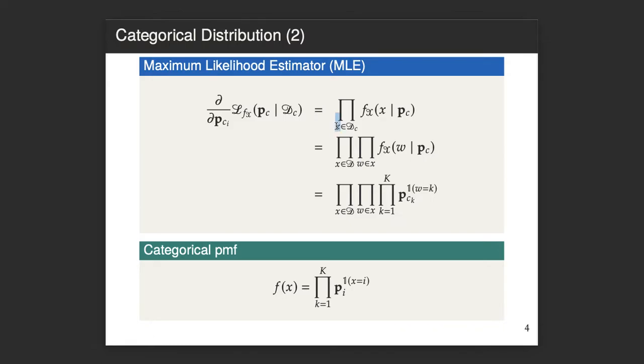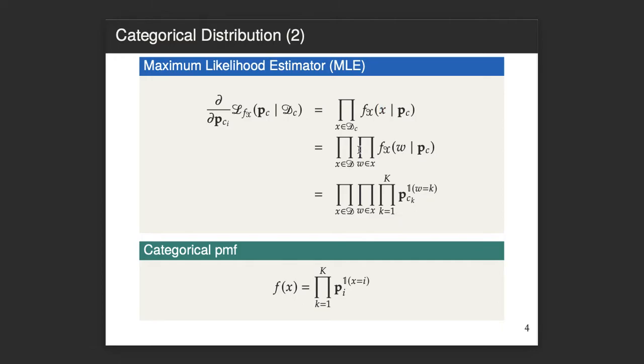Now, this x is a text, and we can assume that all the words in the text are independent. If all the words are independent, then the probability of seeing the joint distribution of the text is equal to the product of the individual probabilities of seeing each word.